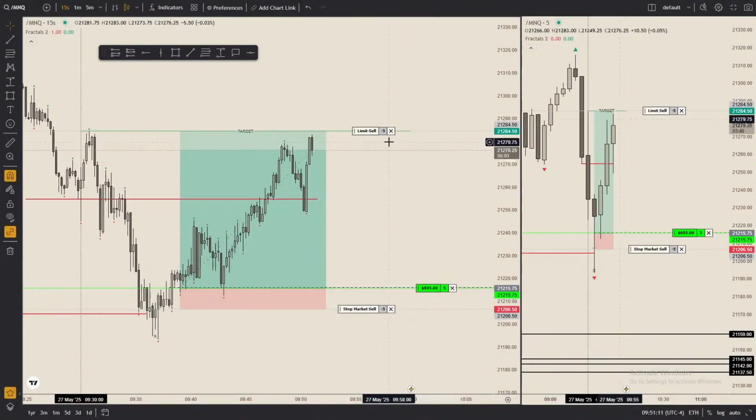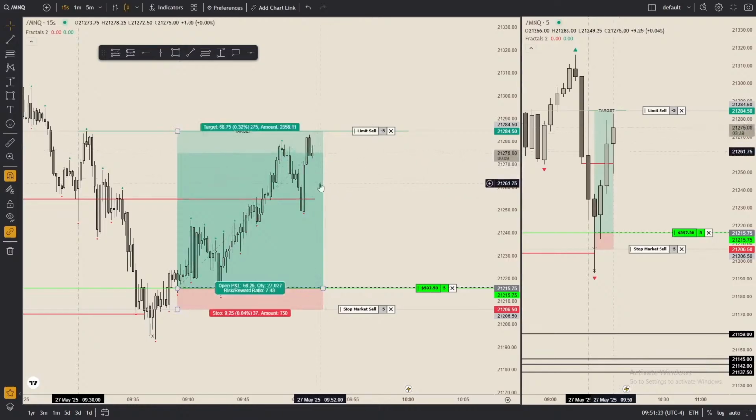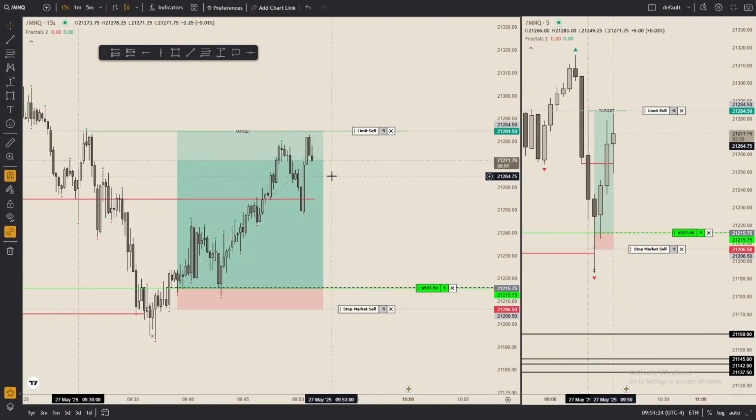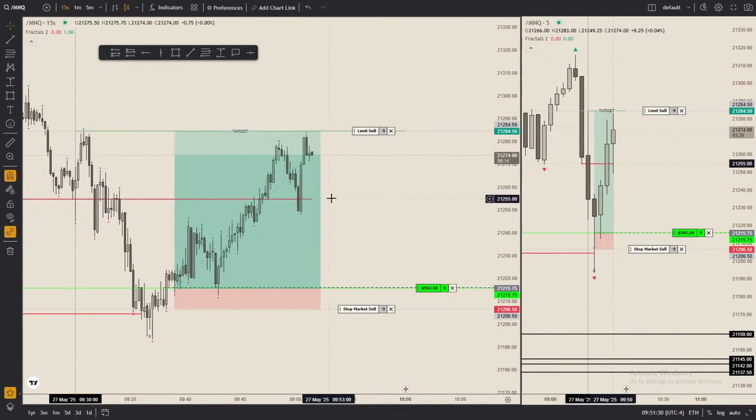We should get our touch here. This is one of my bigger trades for sure. Usually my trades aren't 68 points. Usually they're about 30 points, 25 points, 33 points. So this is definitely on the bigger side of the trades I've taken.